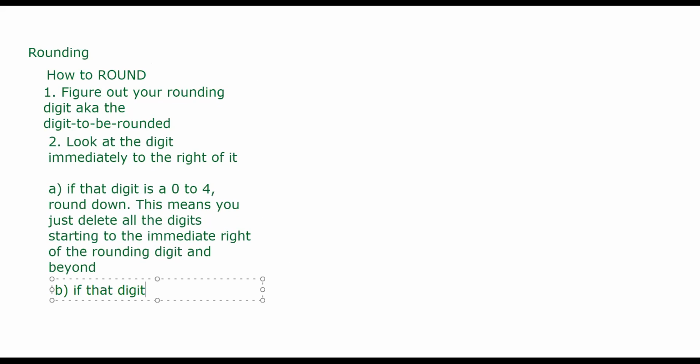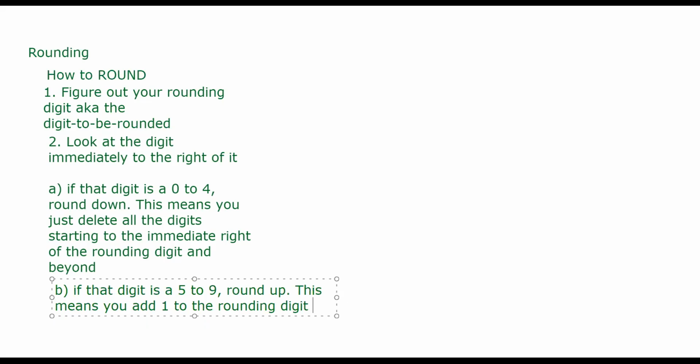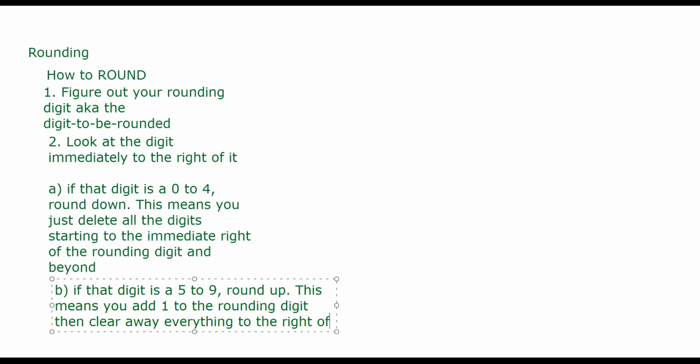If that digit is a 5 to 9, round up. This means add 1 to the rounding digit, then clear away everything to the right of the rounding digit.